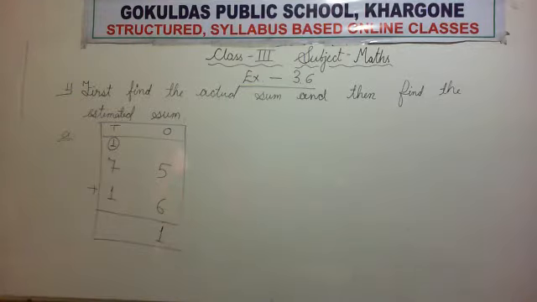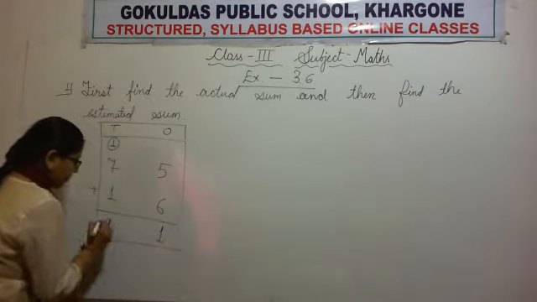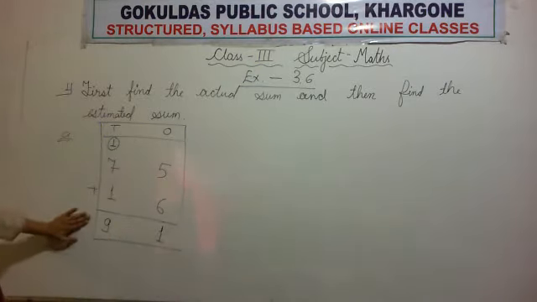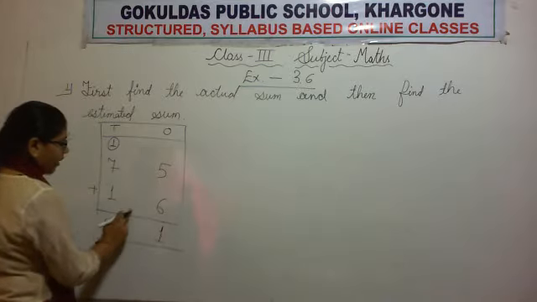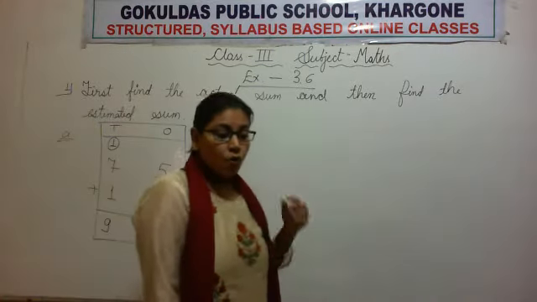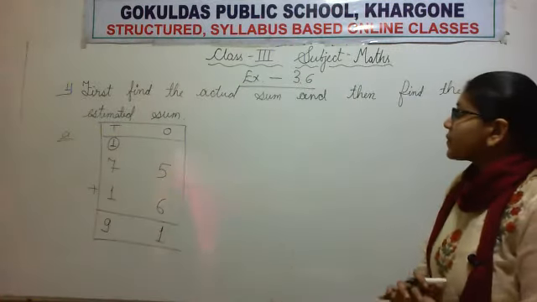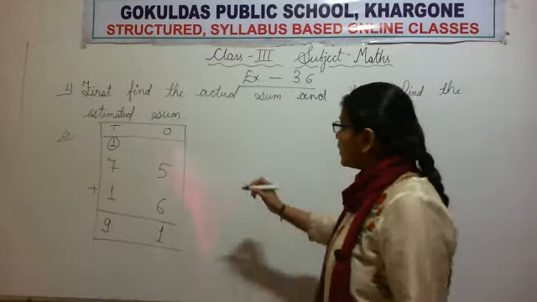How many total finger marks? Very good, 9 finger marks. So we will write number 9. See, this is our actual sum. We added 75 and 16. Now we need to find out the estimated sum. This is the question.